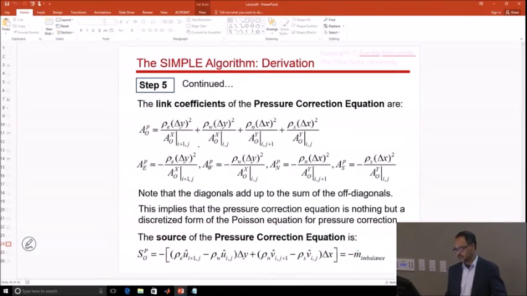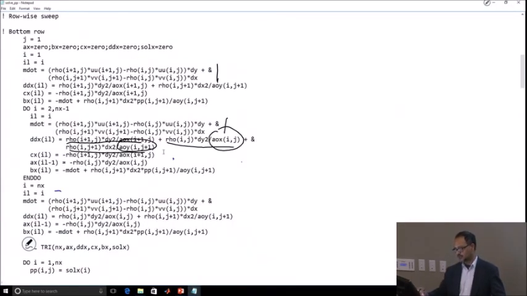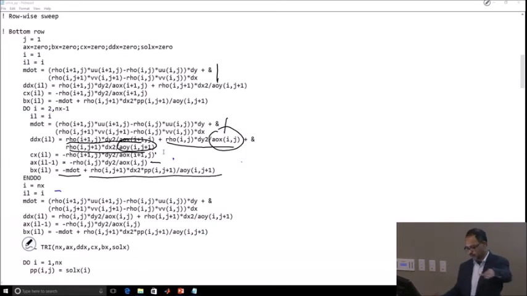It's using these link coefficients in the denominator, as you can see. And then here is your eastern coefficient, western coefficient, and the right-hand side has the mass flow rate. Of course, because it's the bottom row you're looking at, you've transposed the northern term over to the right-hand side.